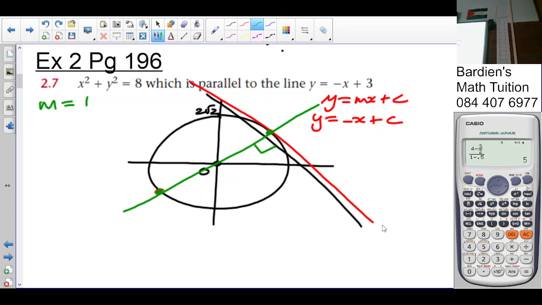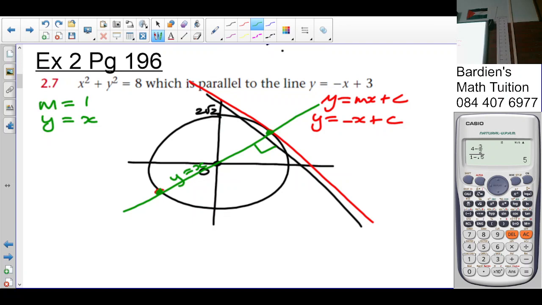I say, hang on. We know it's going to the center. How do we know it's going to the center? Because the center of the circle is at the origin. Do you see that? So we know the center of the circle, so we know the c value as well. So the equation of the line in green is y is equal to 1x plus c, and c is 0. So that line in green is y is equal to x.